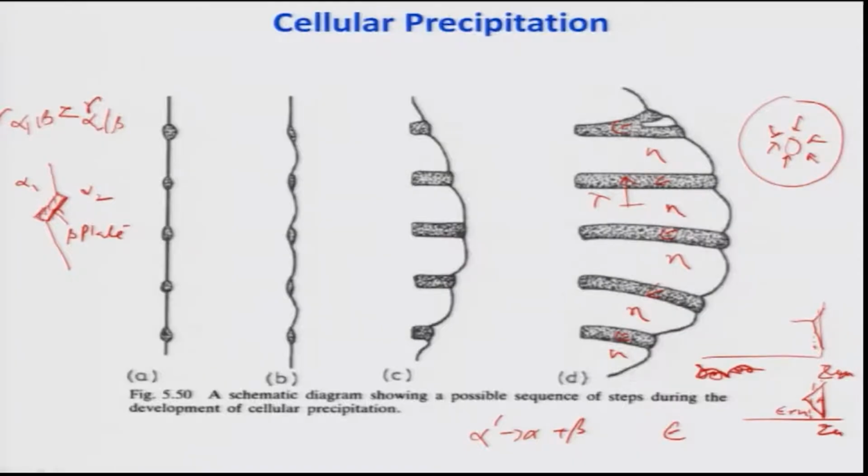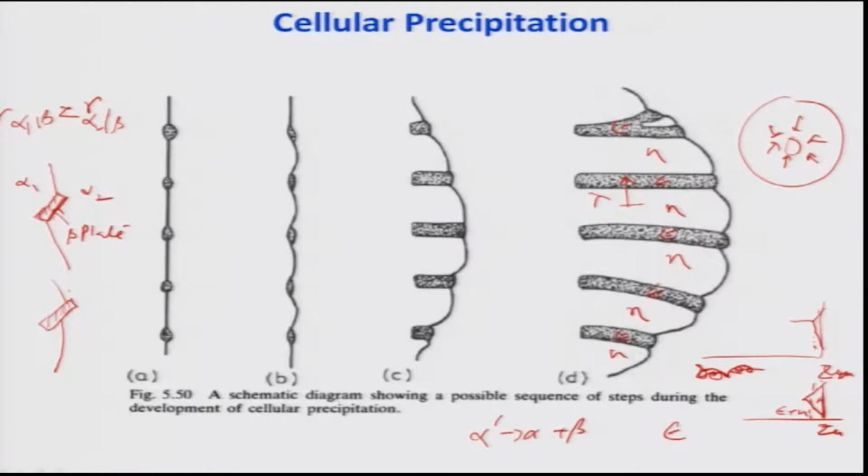How does it happen? Let us draw it. What actually happens is like this, and it grows. You can clearly see that this boundary has moved up and grown.